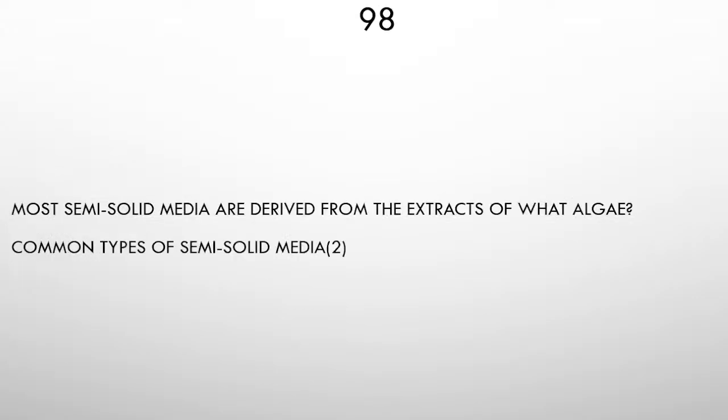Now, most solid media is derived from extracts of what algae? Red algae. And the common types of solid media are basically your motility media and transport media. Why is it commonly seen in motility media, specifically sulfide indole motility test medium?